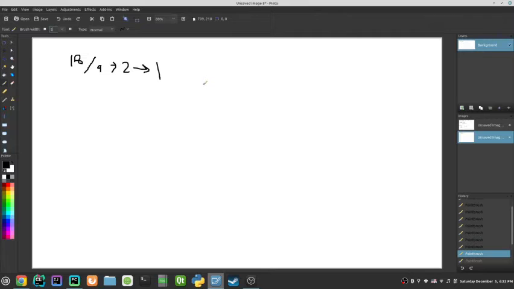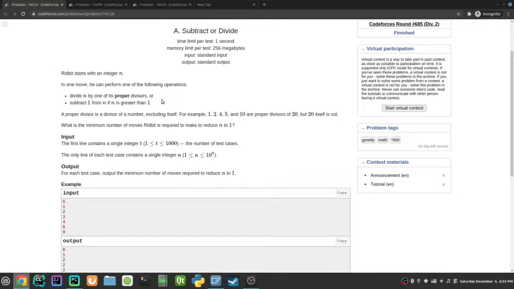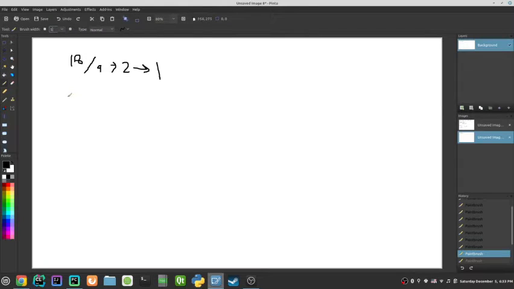We can also do this with any odd number. Why? Because the problem tells us that we can subtract 1 from n, so if we have an odd number, we can make it an even number. For example, 77 we can make 76, and then divide by the proper divisor of 76 to get 2.